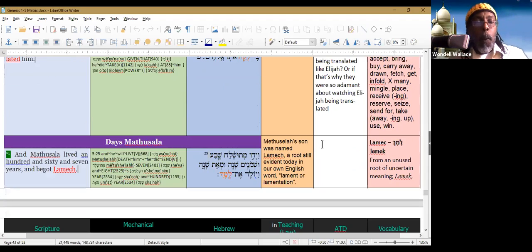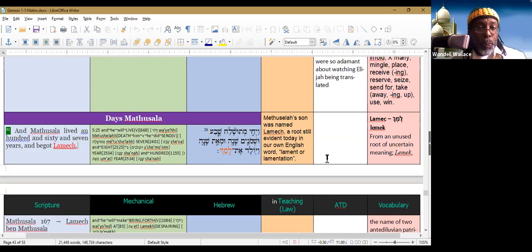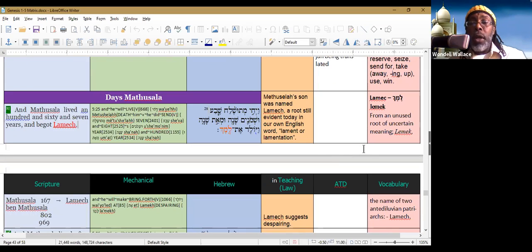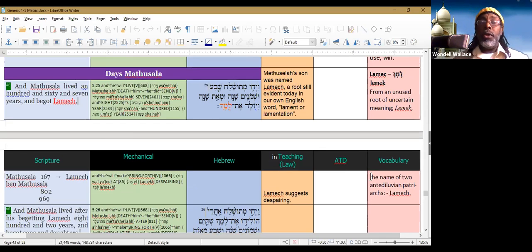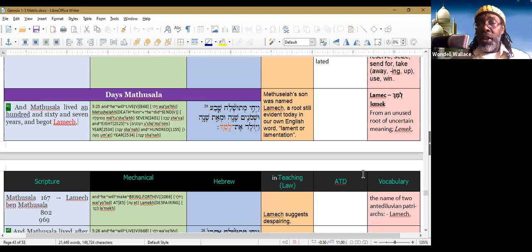All right. And Methuselah lives 167 years and begot Lamech. So Lamech means, from an unused root of uncertain meaning, Lamech, the name of two antediluvian patriarchs. It's funny, that's another name that Canaanites are sharing.